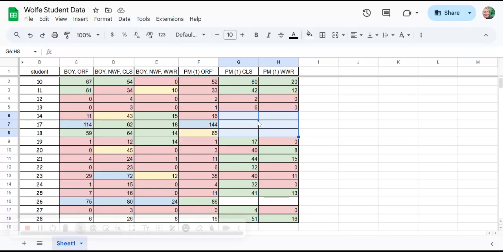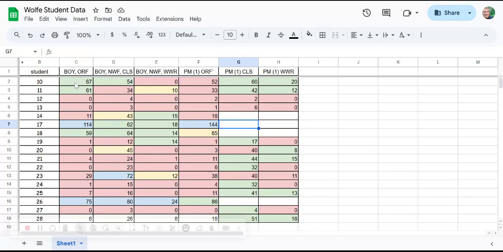Once we reach mid-year testing, nonsense word fluency is no longer assessed, so we will just focus on oral reading fluency, or reading as much as they can in 1 minute. So that's a little bit of background on the test.